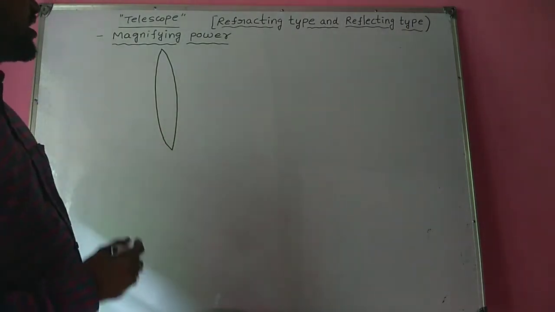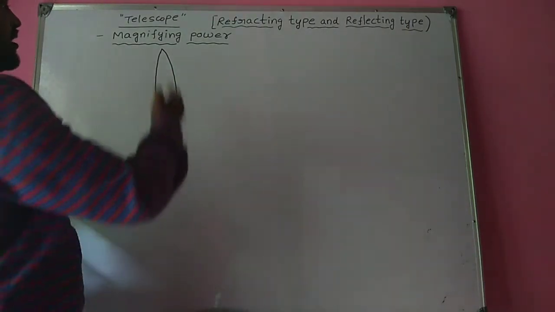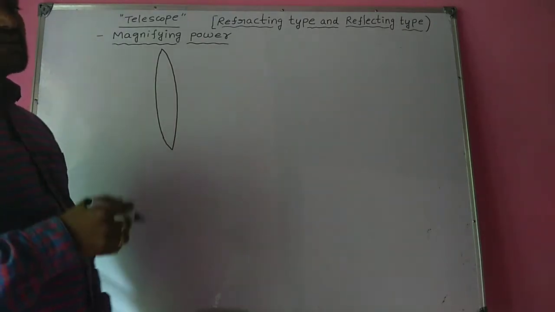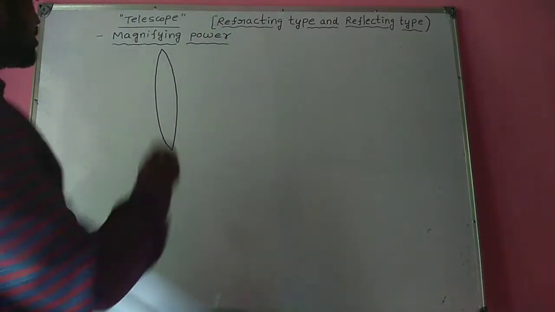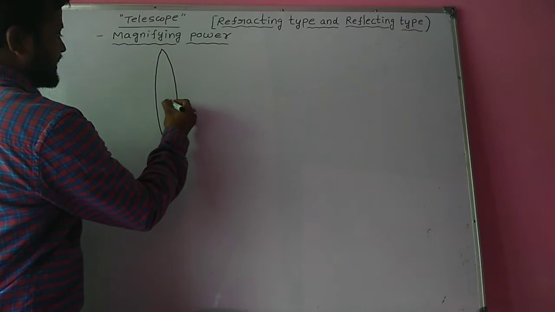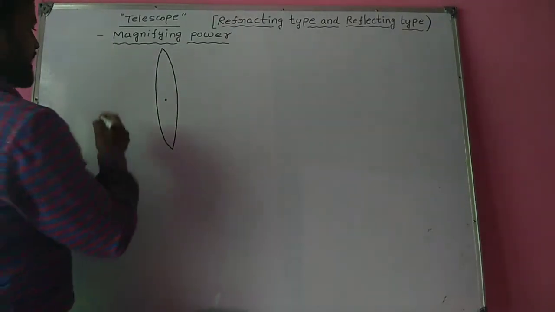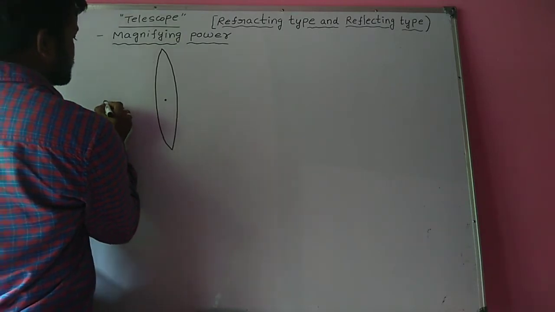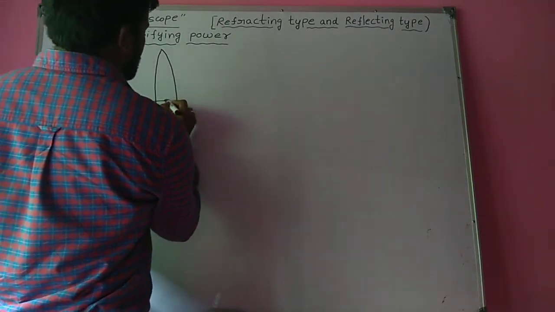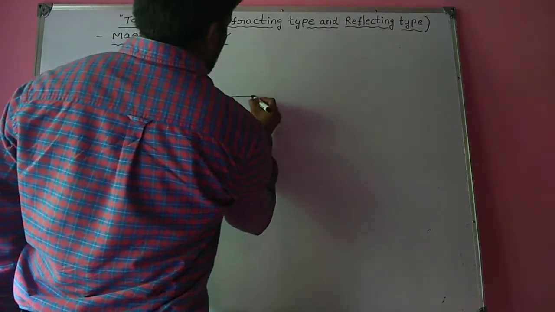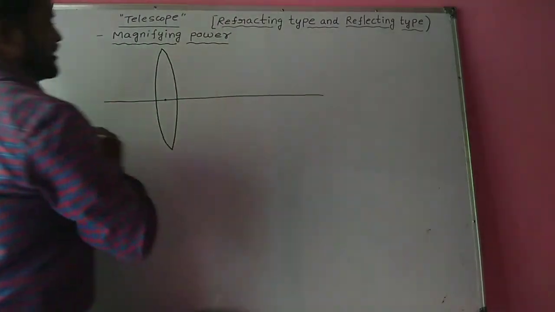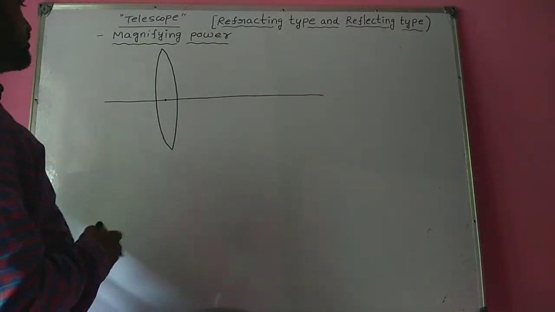Already we have discussed that the objective has large focal length and large aperture. This is the objective. Now this is the optic center, the geometric center of the objective. Now let us draw the principal axis. This is the principal axis.